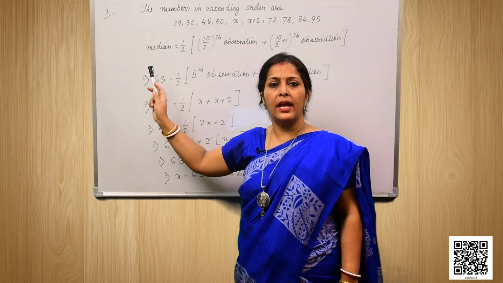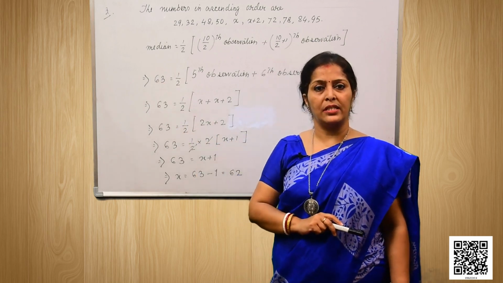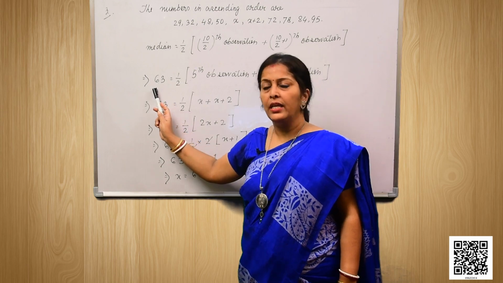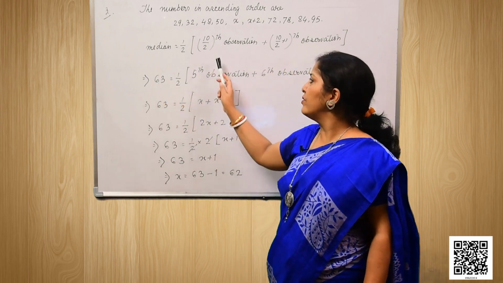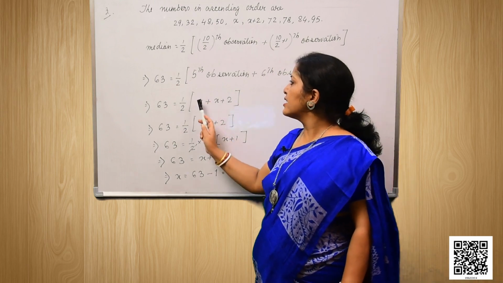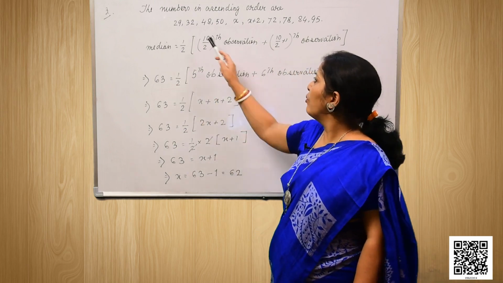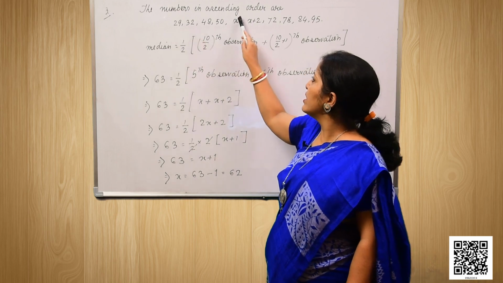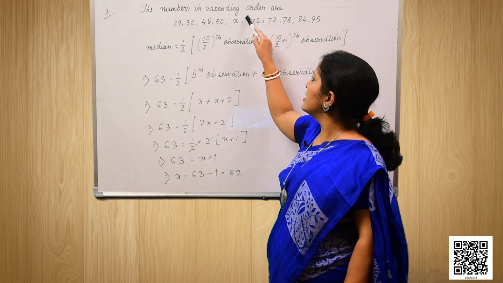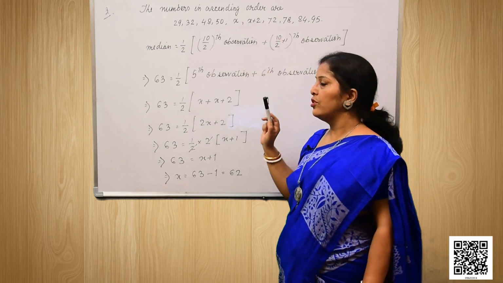Also given to us is that the median is equal to 63. So, here instead of median we write the value, 63 is equal to 1 by 2 and then the 5th observation plus the 6th observation. And then in the next step, instead of the 5th observation we write x, and instead of the 6th observation we write x plus 2.